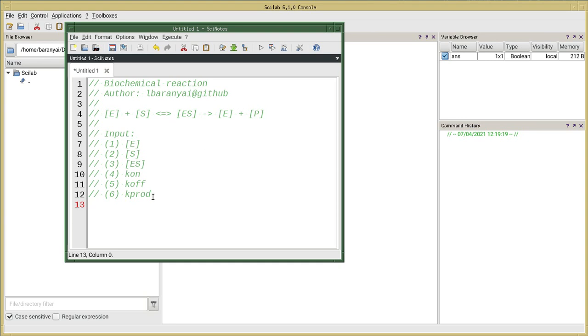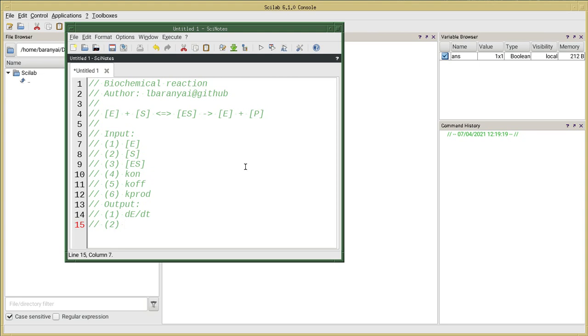So we have an input vector for our calculation, and the output vector will be all the changes. What can change? Of course, the enzyme concentration will change. So the enzyme change over the time.